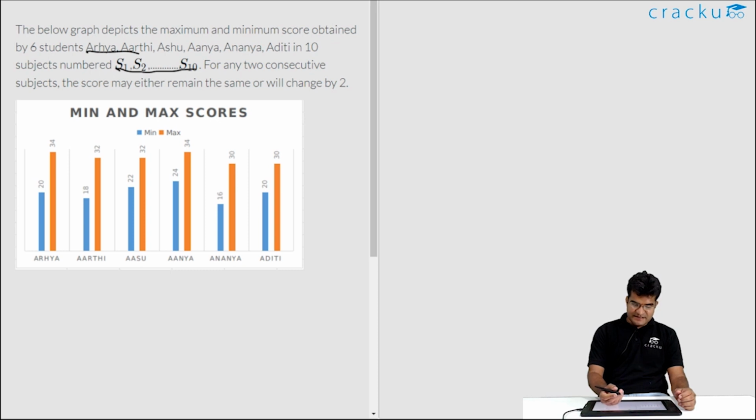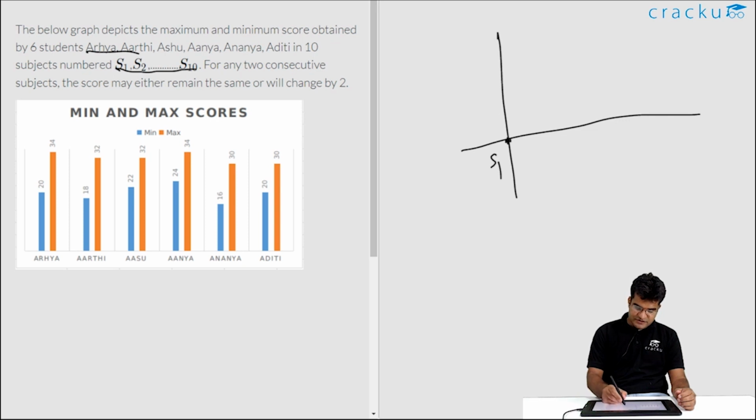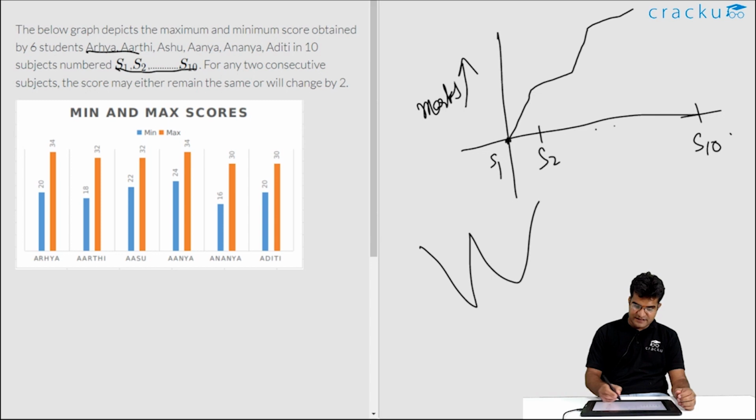What they are basically saying is that if you are plotting a graph of the subjects, say this is S1 score, S2 ... S10, and this is marks. What they are saying is that it will be a smooth graph. It won't be a haphazard graph. It won't be like this where the changes between consecutive subjects is a lot.